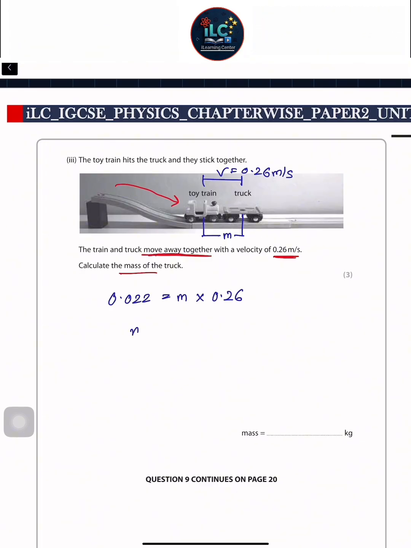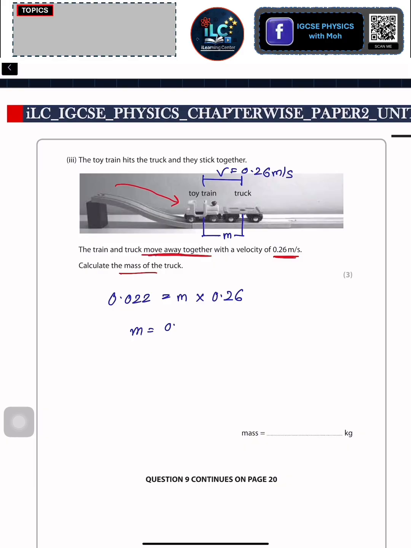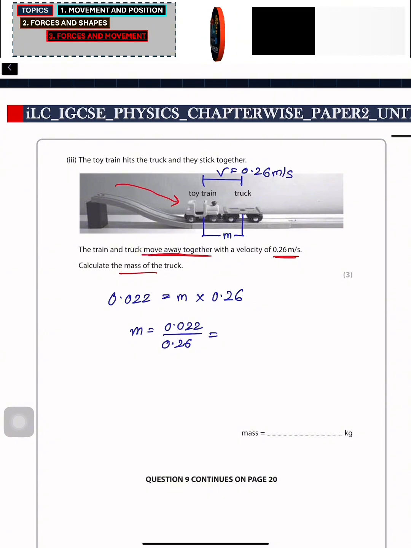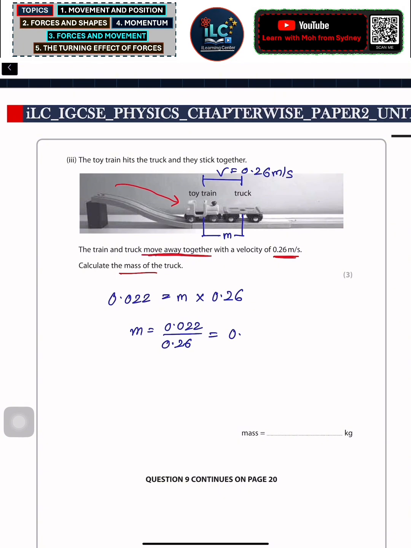If I do the calculation, 0.022 divided by 0.26, this will give me a value of 0.084. But understand that this is the mass of this and this combined.